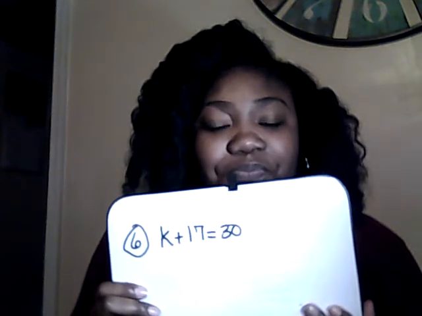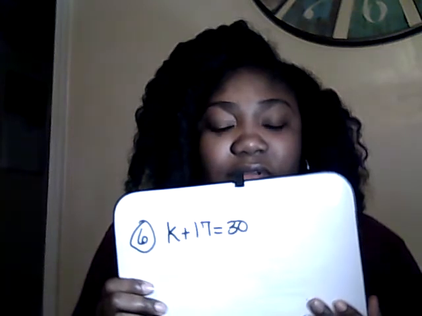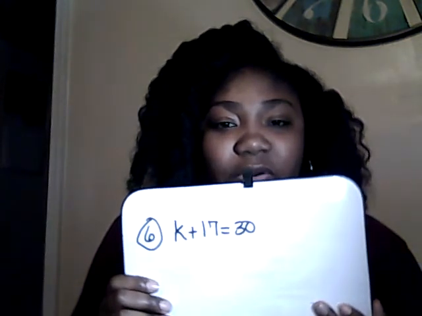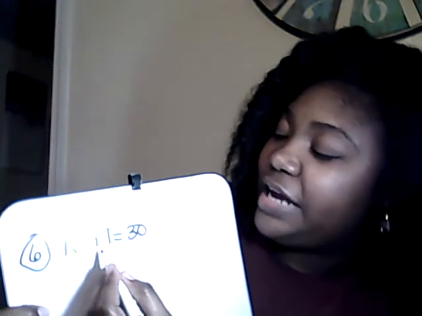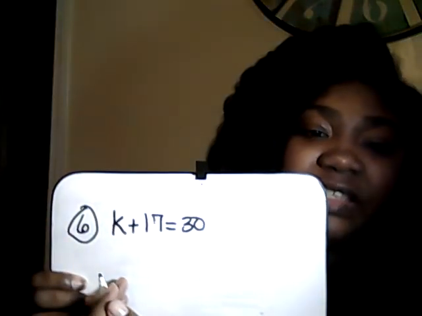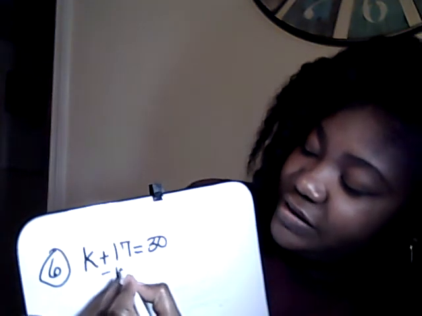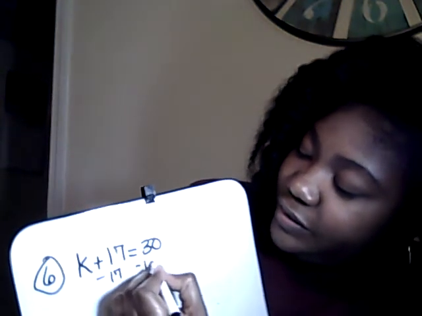Alright, what's the first step? What are we going to do first? Correct. Take the 17 over to the other side. But in order for me to do that, I have to change the sign. I'll do the inverse, so it'll be negative 17. Negative 17.